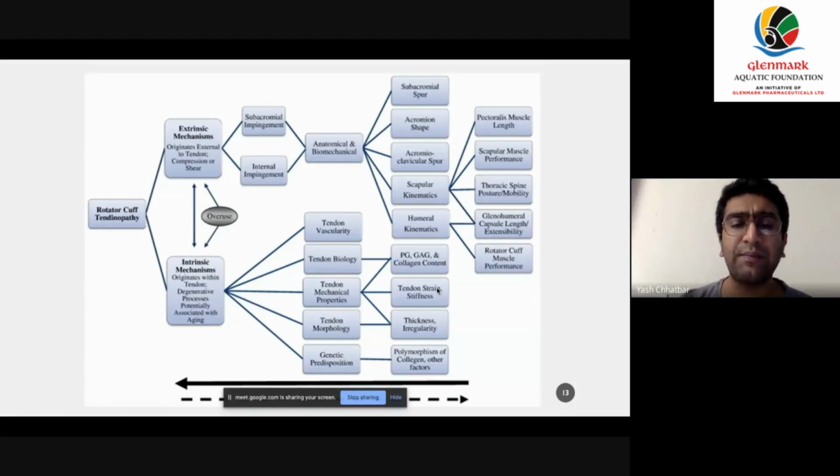When you are sleeping, your body is trying to heal itself, and that is why when you wake up the next day, you feel fresh. So repairing happens during that time. If that fine balance is not happening, then obviously it leads to injury, chronic injury. Tendon morphology, thickness, irregularity: I told you, if there is inflammation of the tendon, then obviously it's going to have more friction, and more friction leads to more problems. Now, genetic factor, again, it's debatable over here.